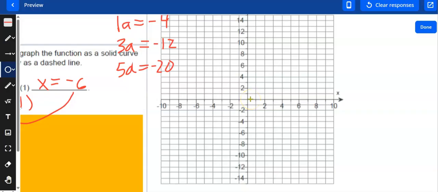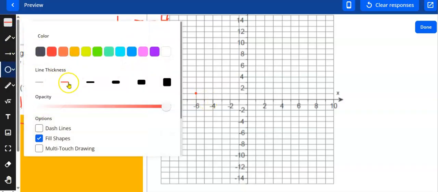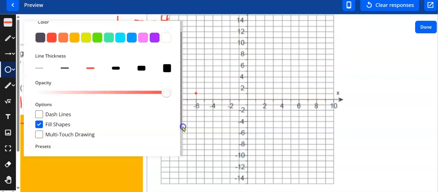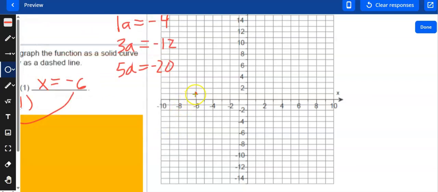It was -6, +1. We go over 1, we're supposed to go down 4. Over 1 again. It's supposed to go down 12. That definitely puts us at the edge of the graph.